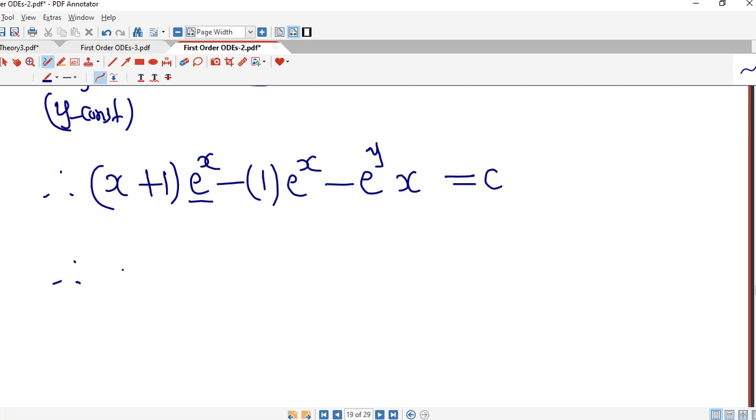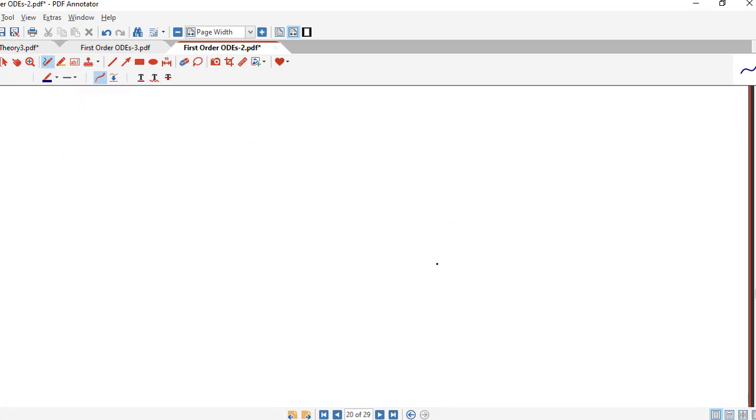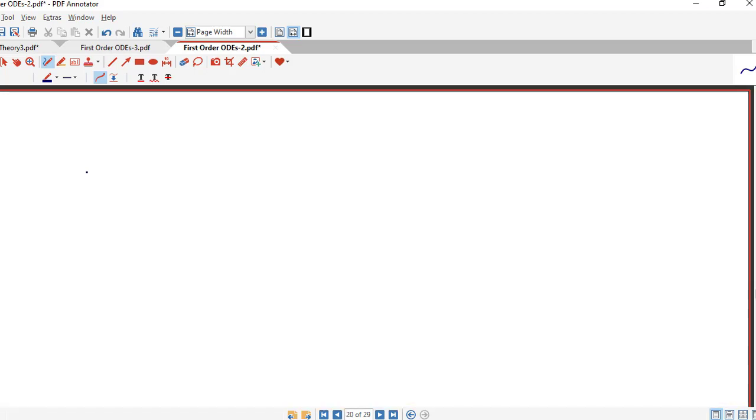We take e raised to x common: (x plus 1 minus 1) e raised to x minus e raised to y x equal to c. The 1 will cancel out, and we have x e raised to x minus x e raised to y equal to c, which we can rewrite, taking x common, as x times (e raised to x minus e raised to y) equal to c.